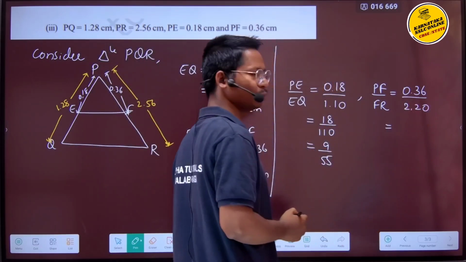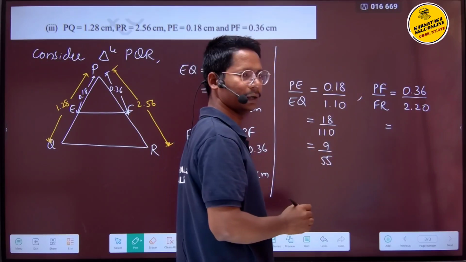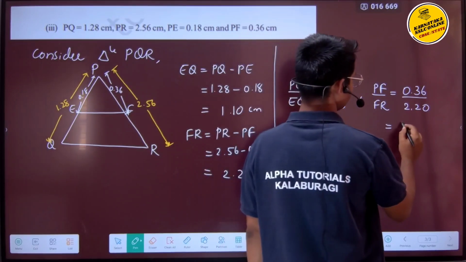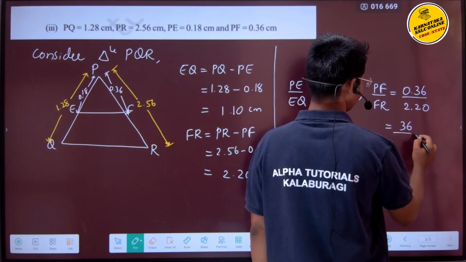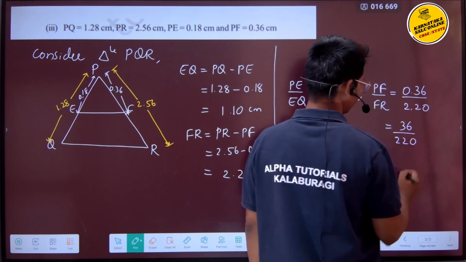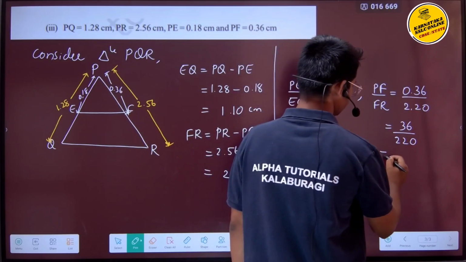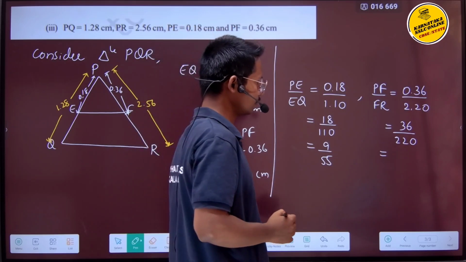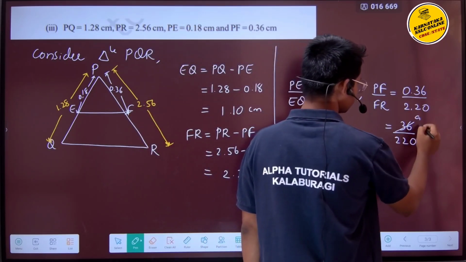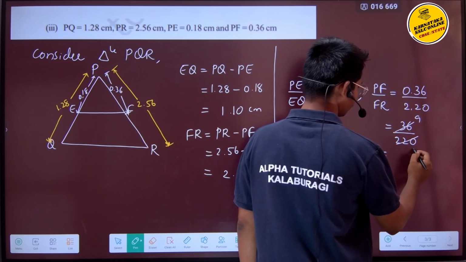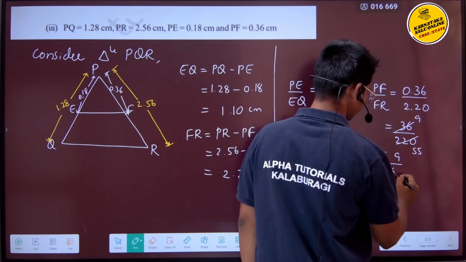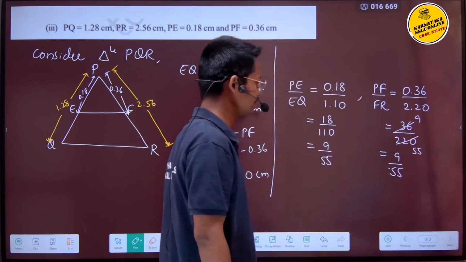Again, after the decimal there are 2 digits, so multiply numerator and denominator with 100, or we can just neglect the decimal point. 36 by 220. It is divisible by 4: 4 nines are 36, 4 fives are 20, and 4 fifty-fives are 220, so you're getting 9 by 55, 9 by 55.